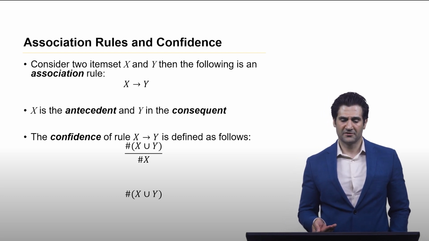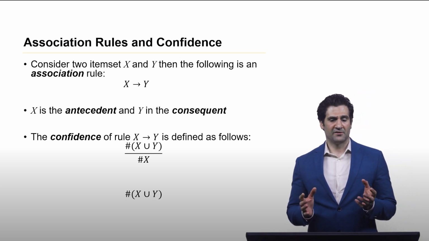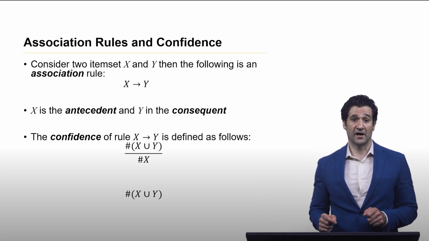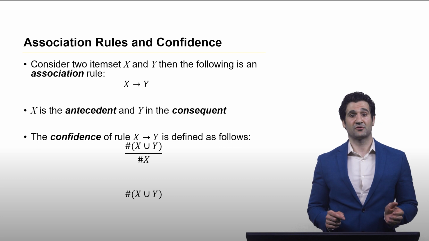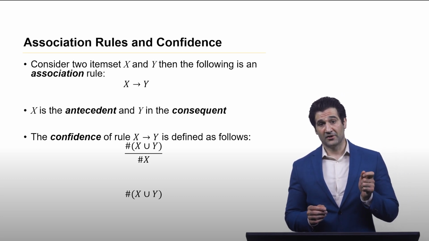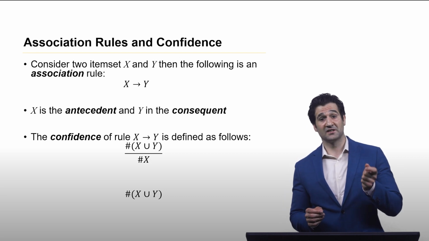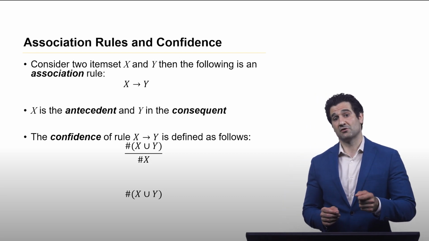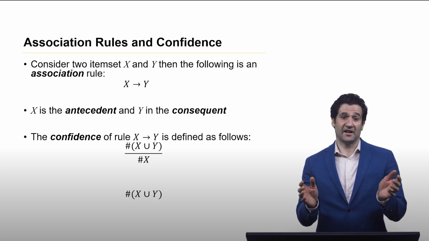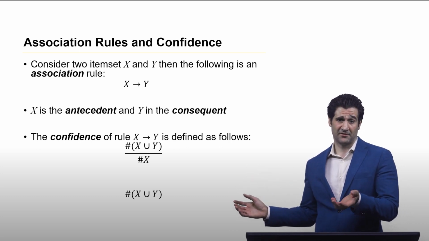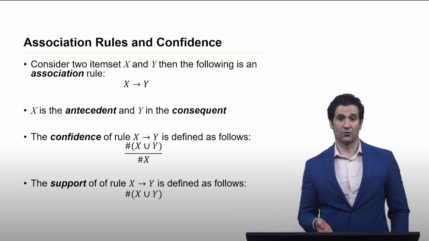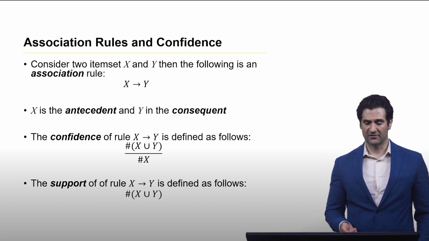It is the number of transactions in the database that contain the union of X and Y divided by the number of transactions that contain just X. And we know that the number of transactions that contain both X and Y is always going to be less, because it has to have everything X has in there and maybe some other stuff that is included in Y. And finally, the support of the rule is simply the numerator of that.